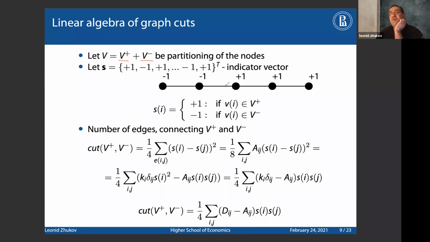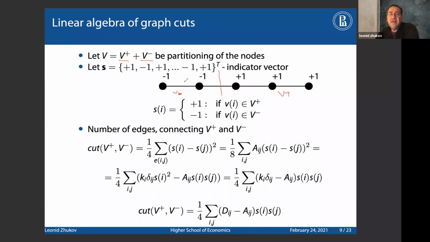Let's say the partition that we have is right here, and these nodes belong to one partition, the plus partition, and these belong to the minus partition. Since it's a partitioning, dividing nodes into two groups, for each node belonging to a group we can assign an indicator.